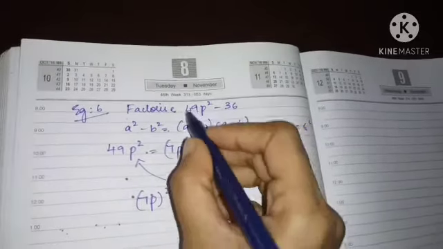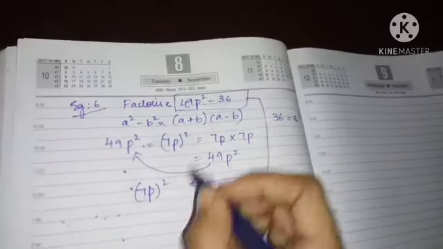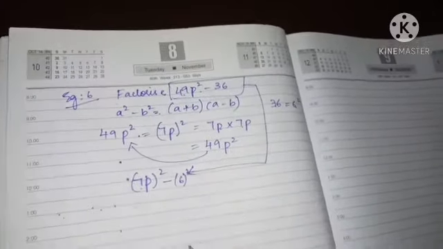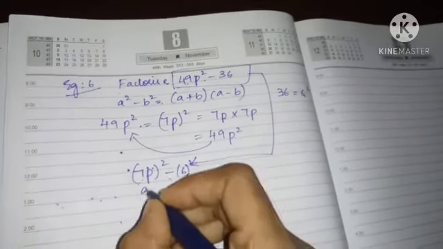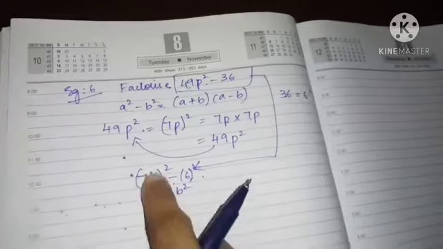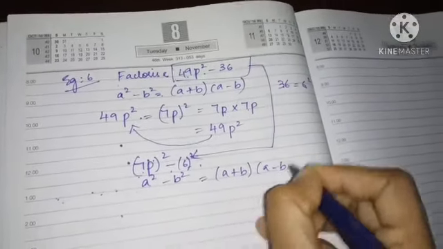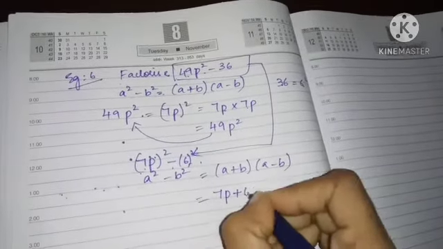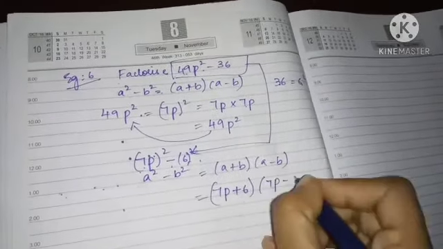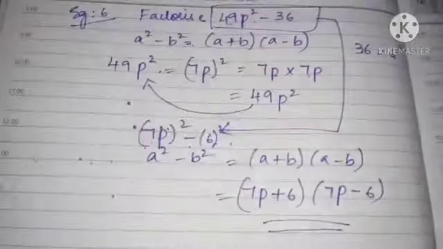So instead of this value I am writing 7p the whole square minus 6 the whole square. Now a square minus b square is a plus b into a minus b. Correct? A is 7p, b is 6, so 7p plus 6 into 7p minus 6. So this is your required factorization form.